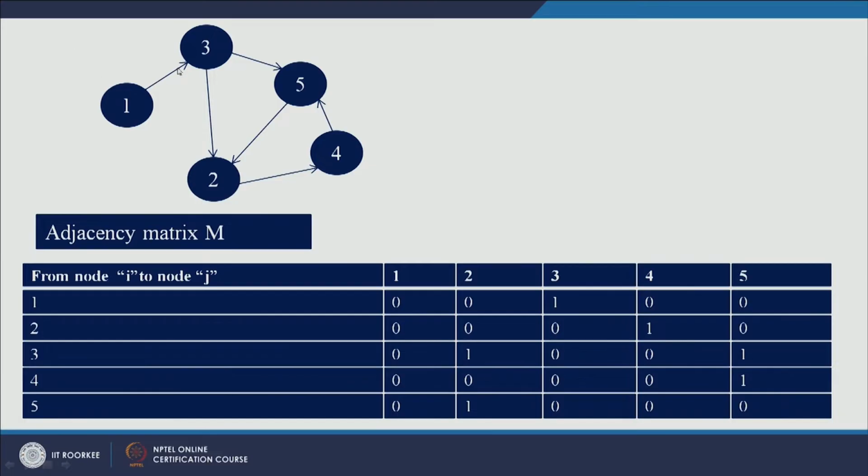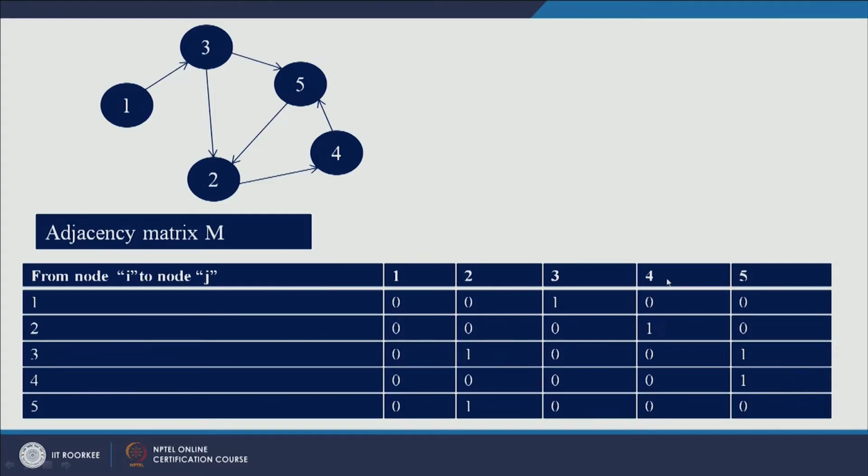Yes, there is a connection, this one. Between 1 and 4? No connection. 1 and 5? No connection. Similarly, is there any connection between 5 and 2? Yes, there is a connection. Between 4 and 5? No, there is no connection. So first of all, prepare an adjacency matrix like this.